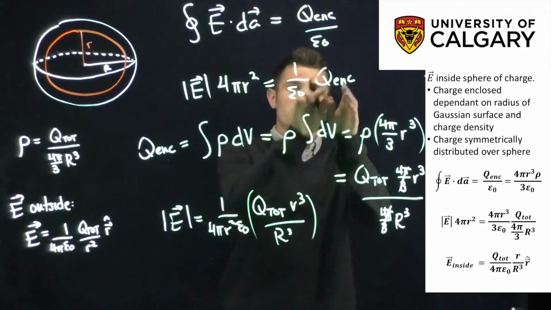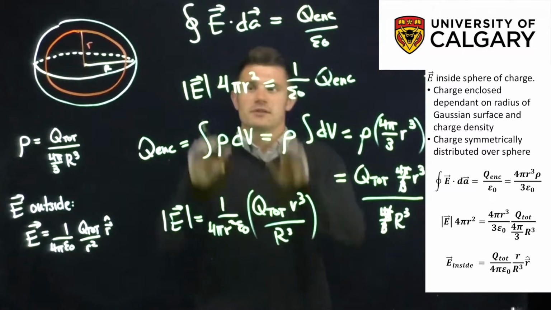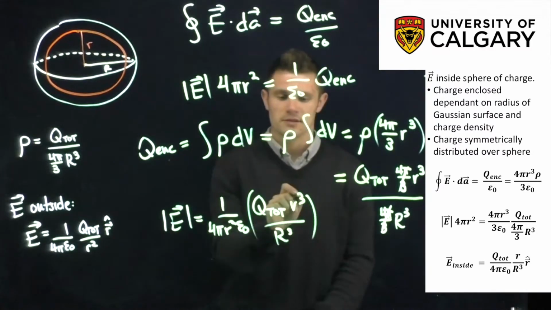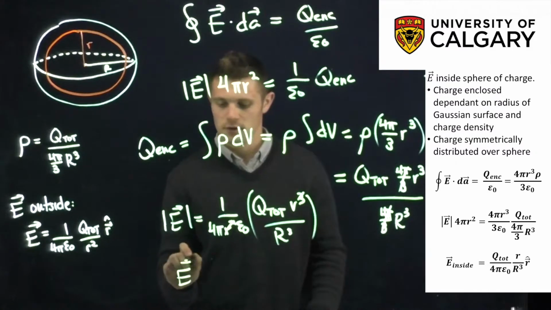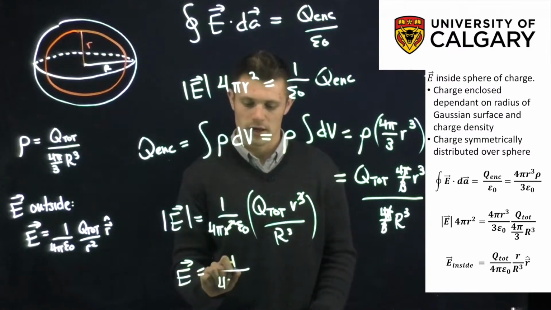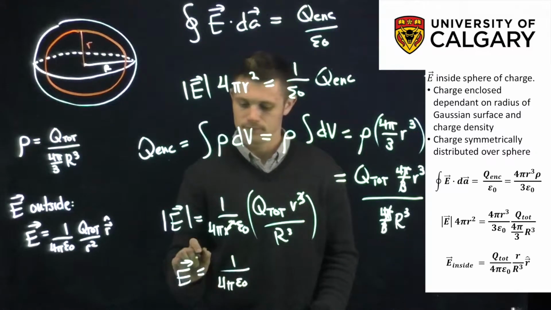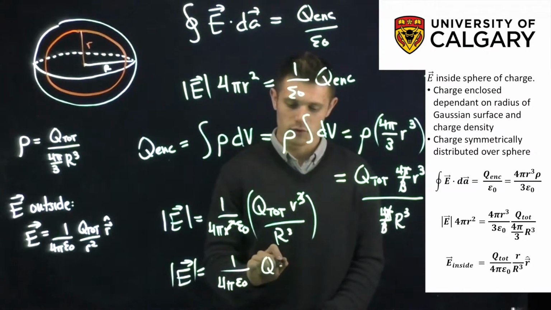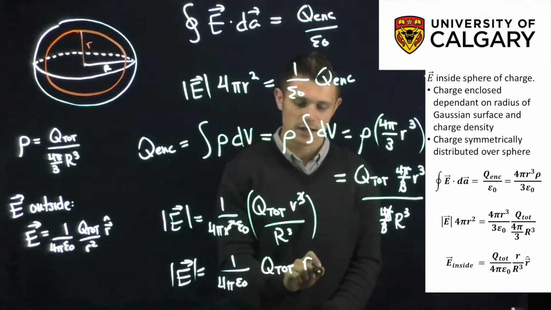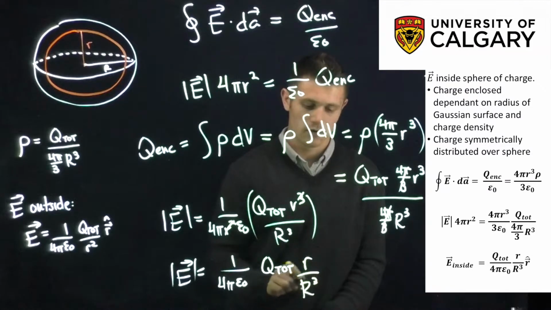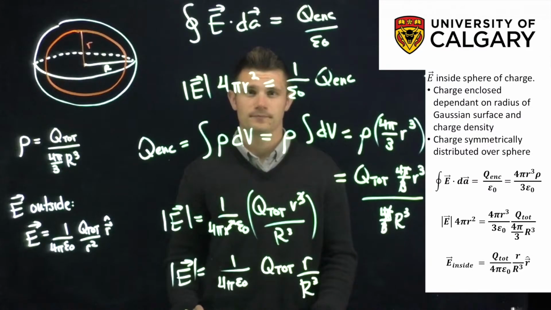This comes from our Q enclosed, and this comes from the rest of the equation we had up here. By canceling these, we end up with the electric field equal to 1 over 4 pi epsilon naught, the magnitude of the total charge times the little radius of our Gaussian surface inside over the entire radius cubed.